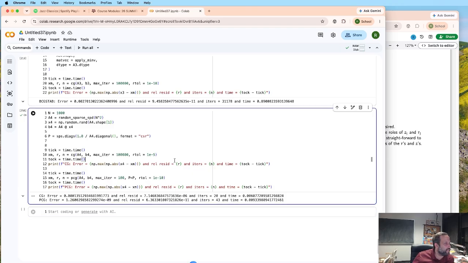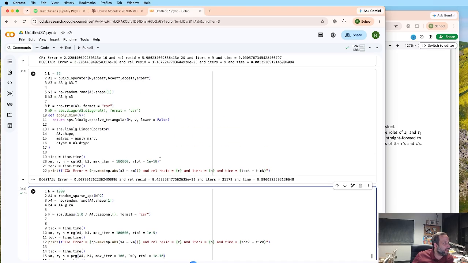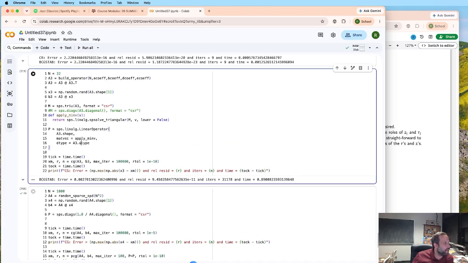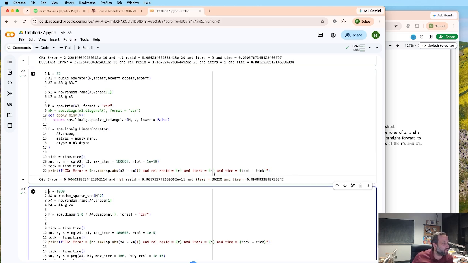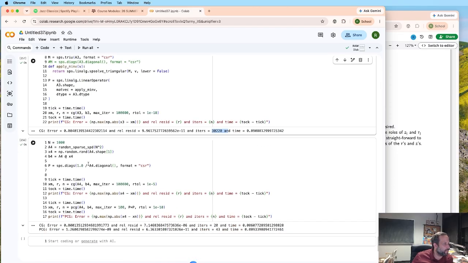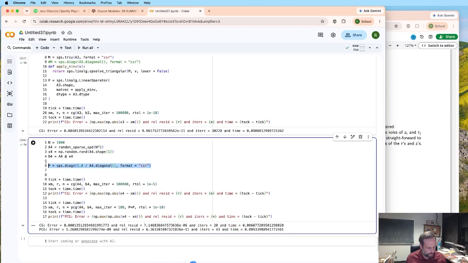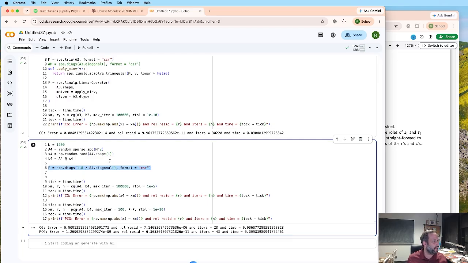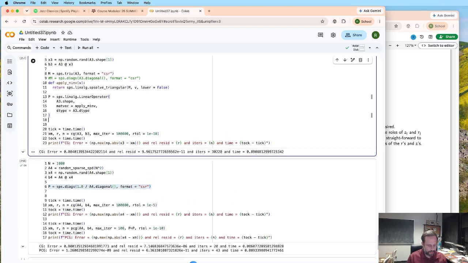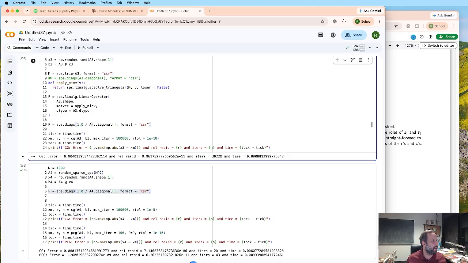Not exactly sure why that is. On the other hand, if we come up here, this is a poorly conditioned matrix, and so it's taking an extraordinarily long amount of time to run. This is very surprising that it takes that long to run. But if I come up here and I precondition, let's see how the preconditioned gradient is going to work on this one.